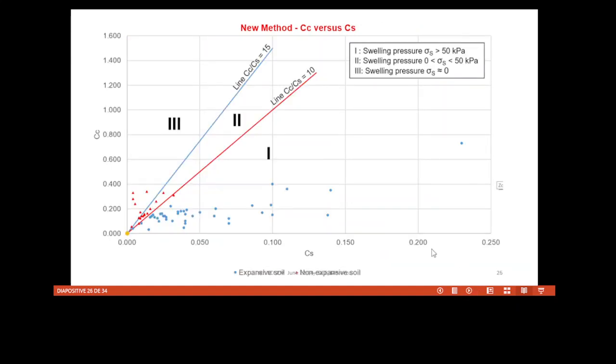In a different way, we can also represent the compression index as a function of the swelling index. And we can see here that we can consider 3 zones.